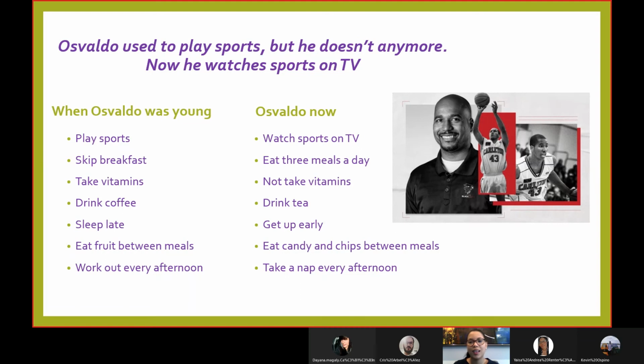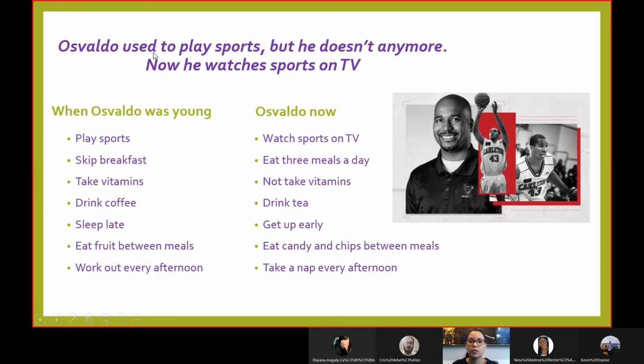Well, younger. Now, if you look at the pictures here, the first picture is Osvaldo at the present. And the pictures where he's playing are pictures of him in the past. Okay, so now look at the title.